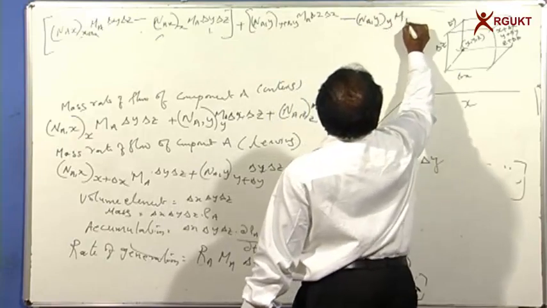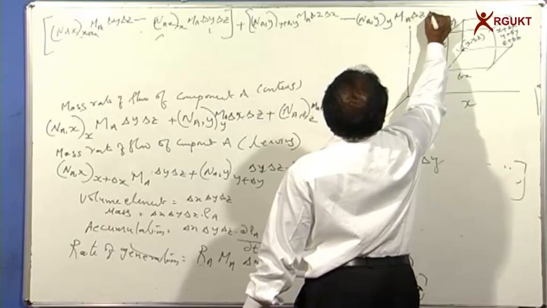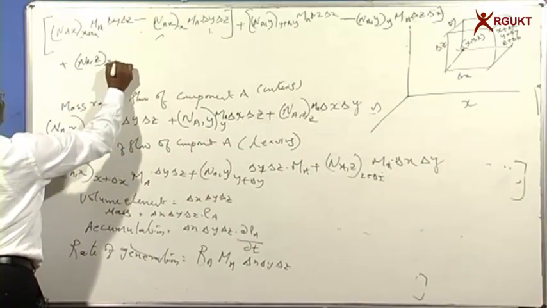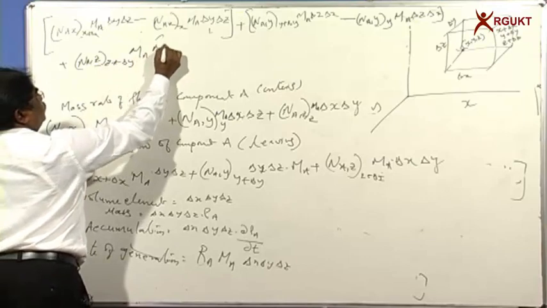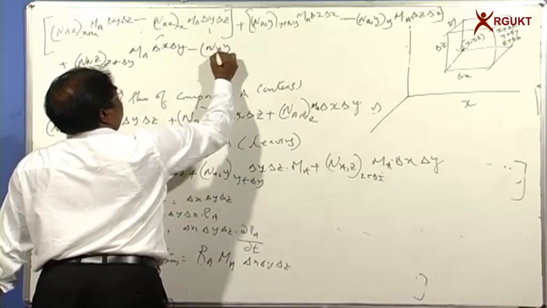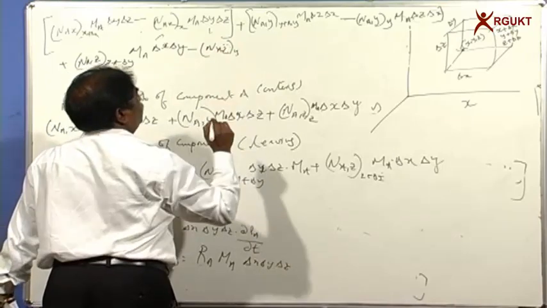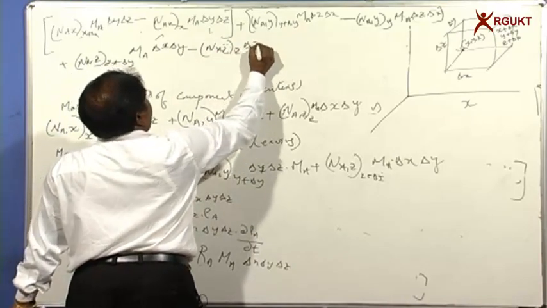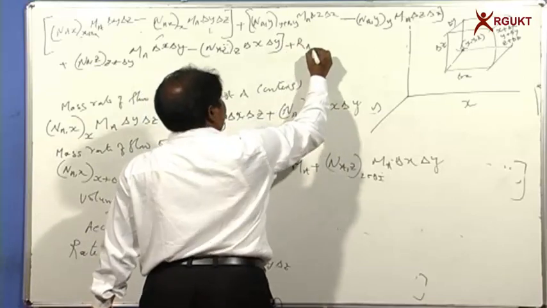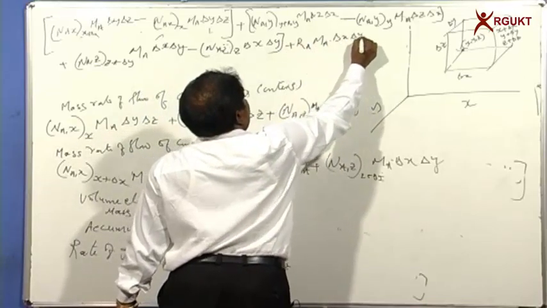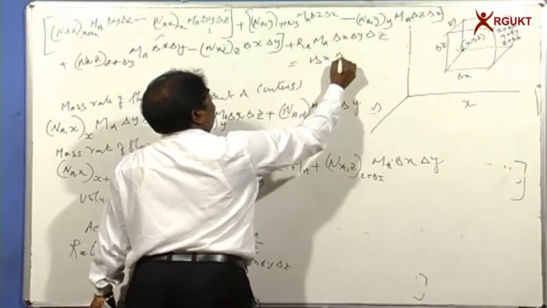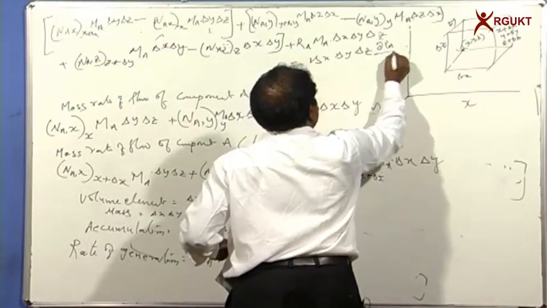Plus NAz at z plus delta z, MA into delta x, delta y, minus NAz at z, delta x delta y, plus MA RA into delta x delta y delta z, that is equal to delta x delta y delta z dou rho A by dou t.